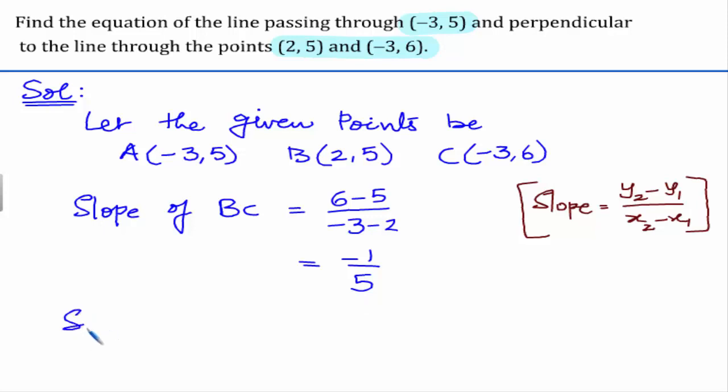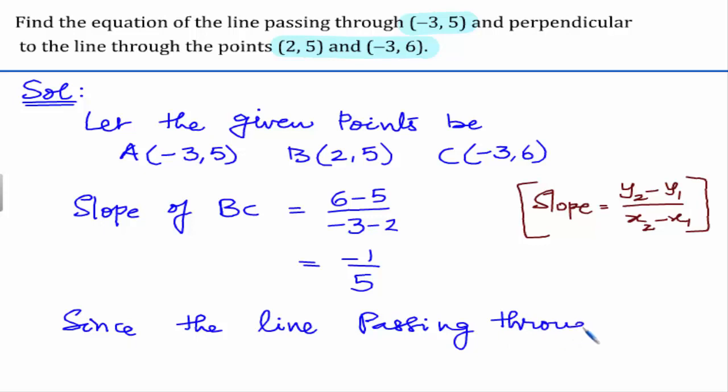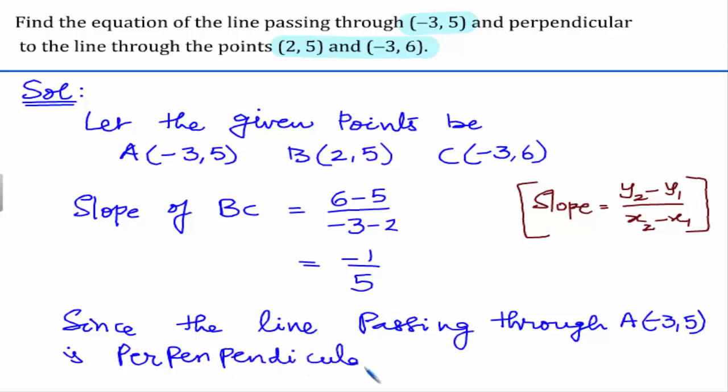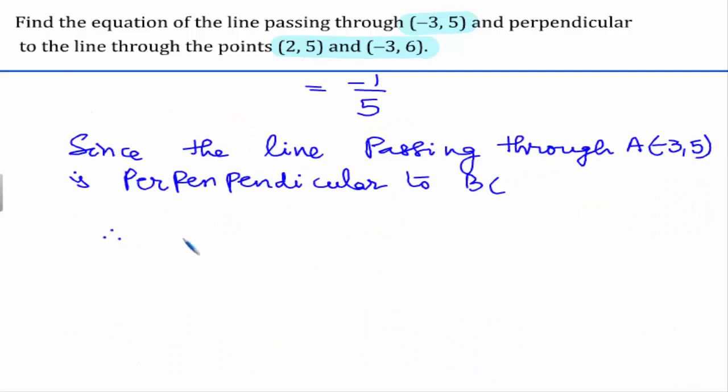Now since the line passing through A is perpendicular to BC, therefore the slope of the line should be 5.